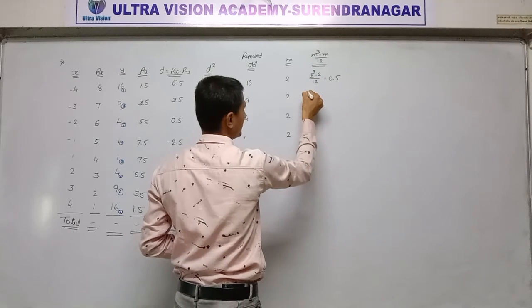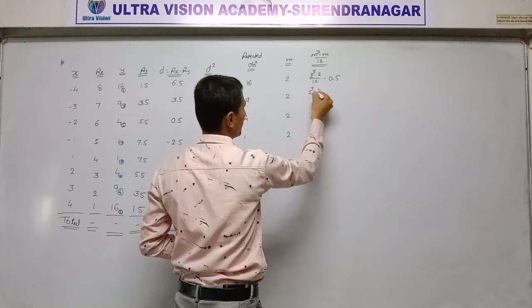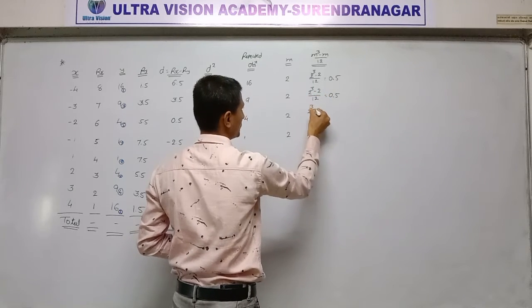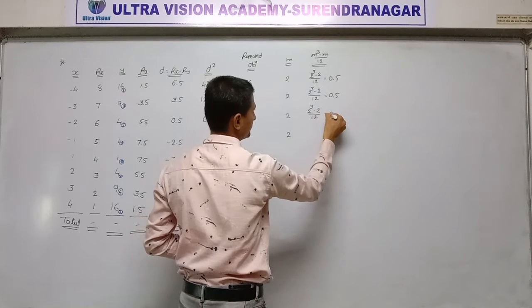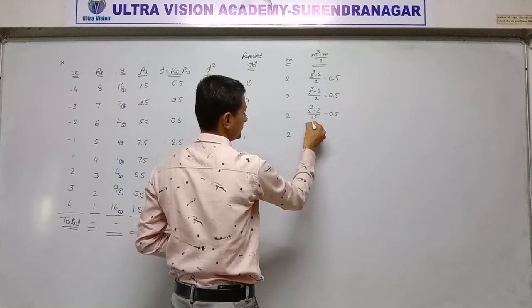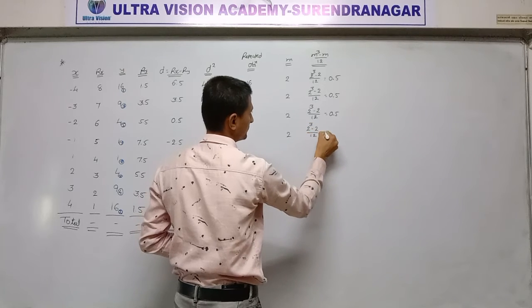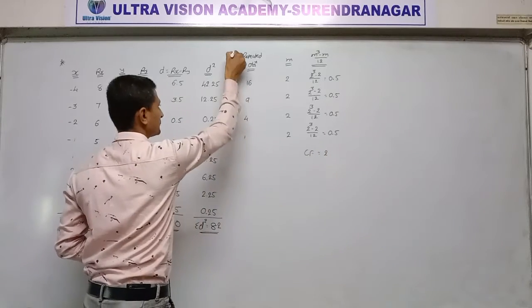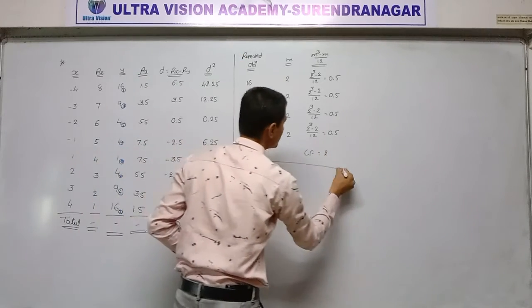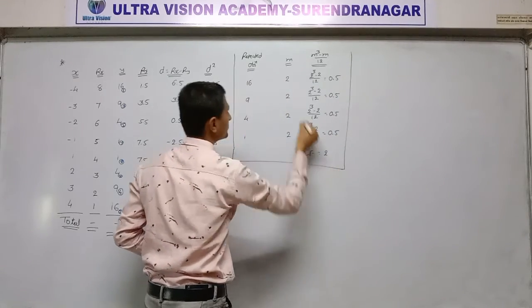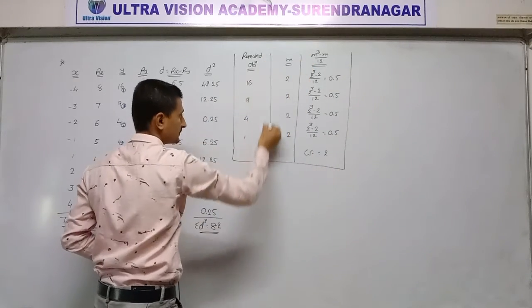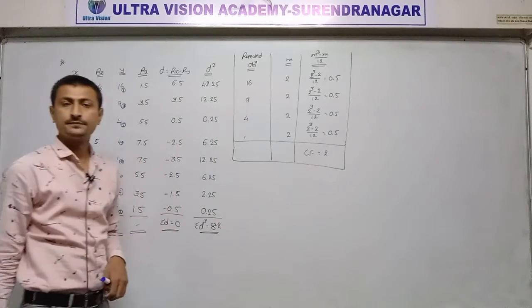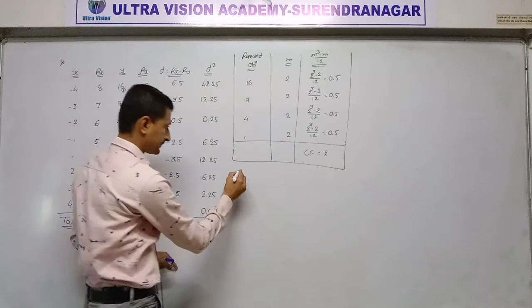So each and every place answer is 0.5, as the observation is repeated for 2 times. 2 cube minus 2 by 12. So CF, correction factor, is 2. Done.